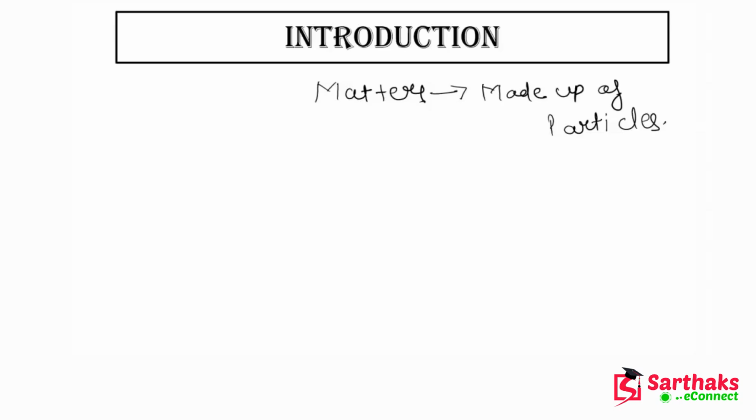We are surrounded by matter. Everything you are able to see around you is matter because everything is made up of particles. So we do not need to be worried about it because it is not a very difficult thing.